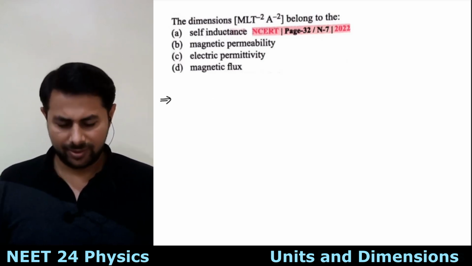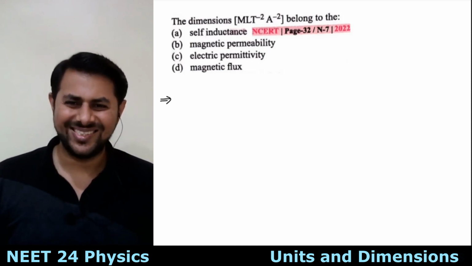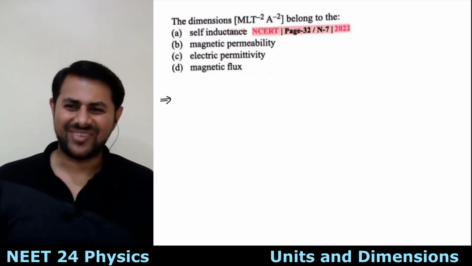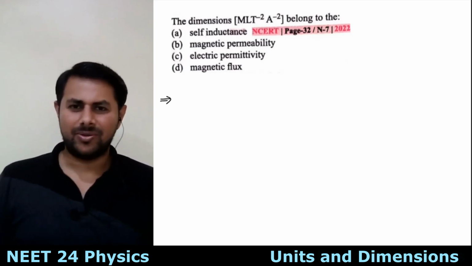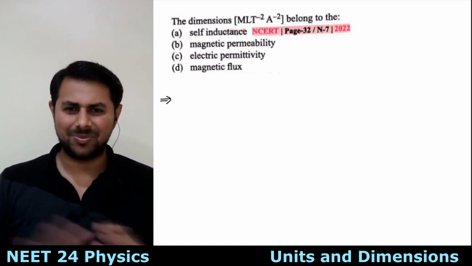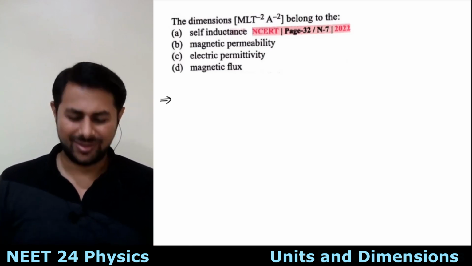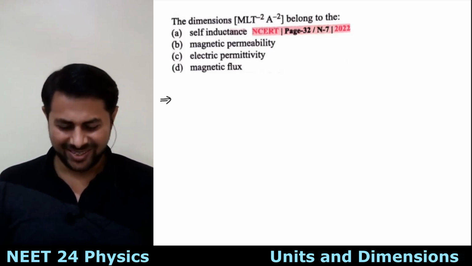It's option B. Okay, let's check. Do you know all of the dimensions? I don't remember. Okay, anyways, no problem. If you can remember the dimensions of all quantities, that's very good for you. Then these kinds of questions won't take any time for you, right?